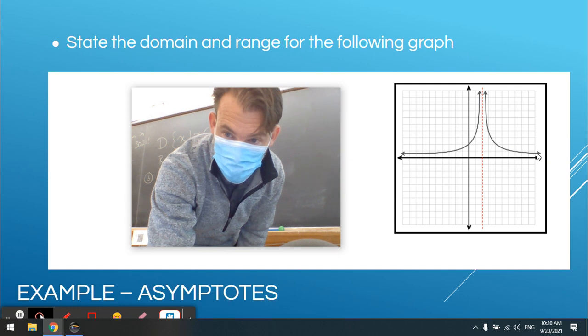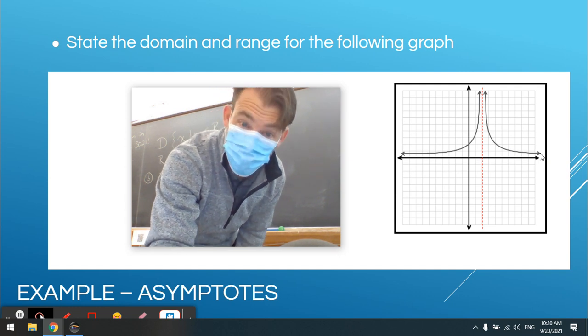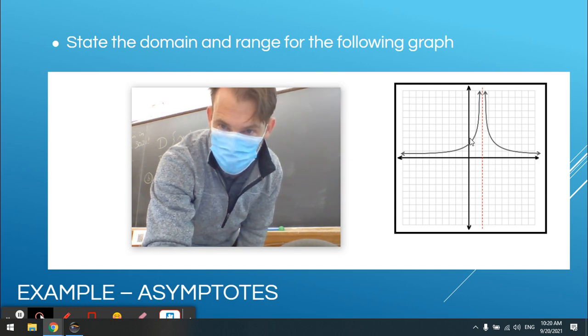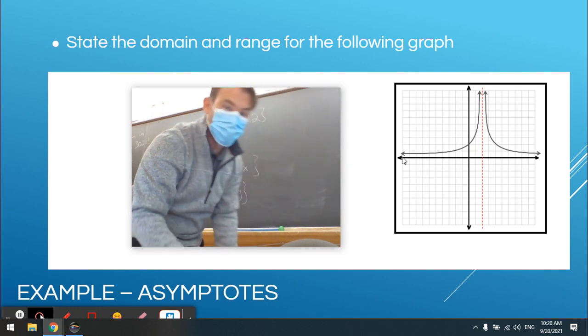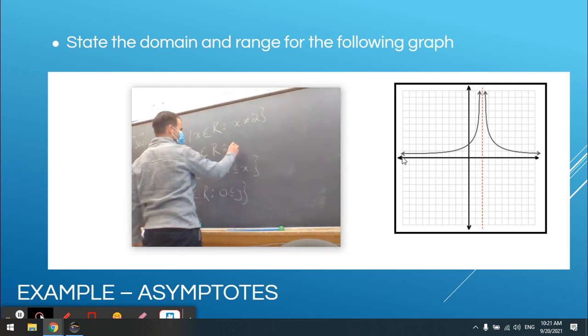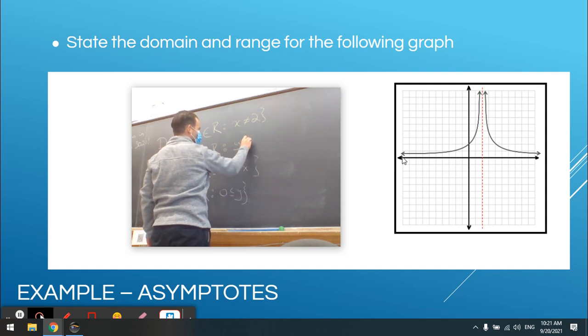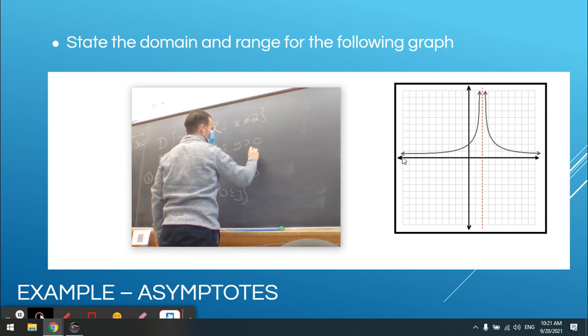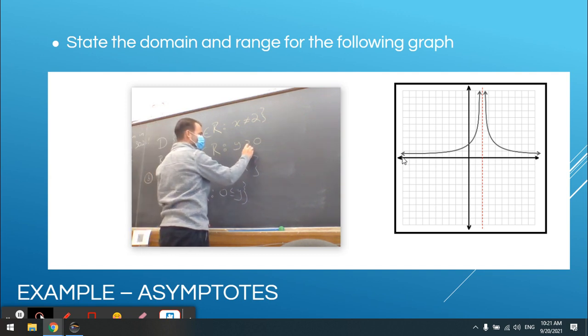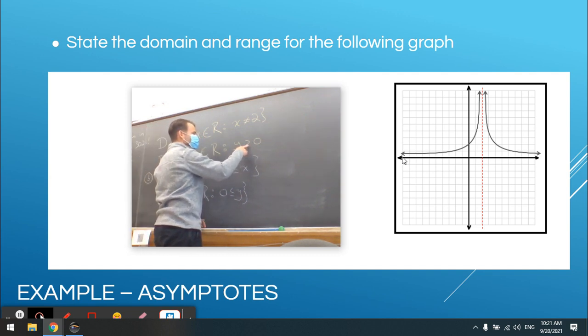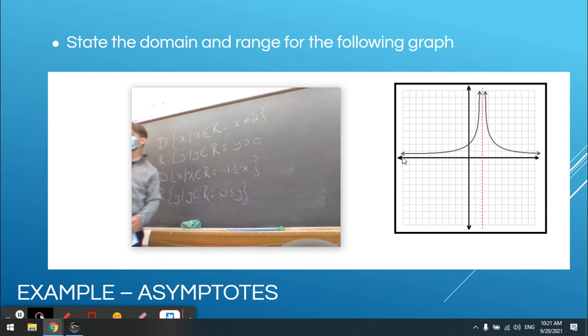If x goes towards positive infinity, y approaches but never touches 0. As x goes to negative infinity, y approaches but never touches 0. So there, we actually have to say y is greater than 0. We do not say greater than or equal to because the 0 is the asymptote.